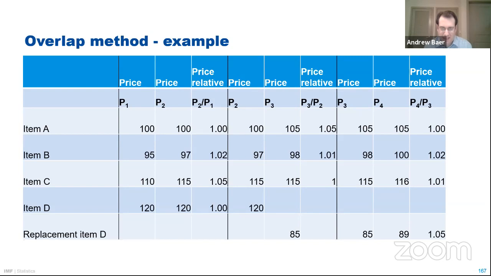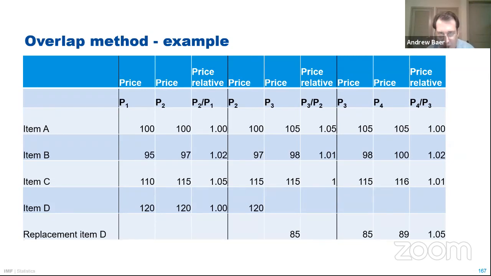So in its place, we get replacement item D, which comes in period 3. Here, because you don't have an overlap period where the old item D and the new item D are both sold, we can't create an overlap period. So this is not an ideal example here.